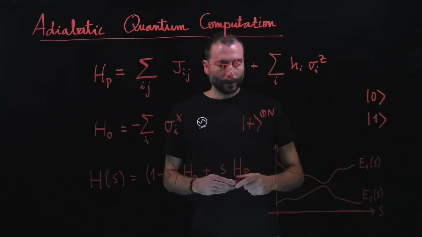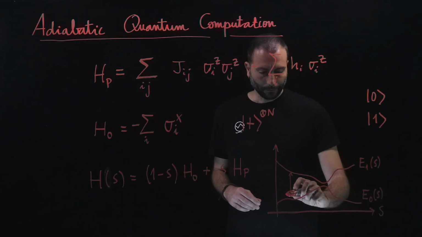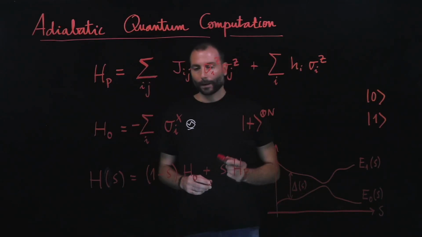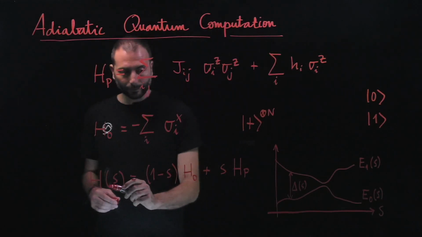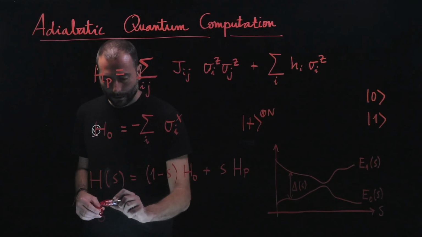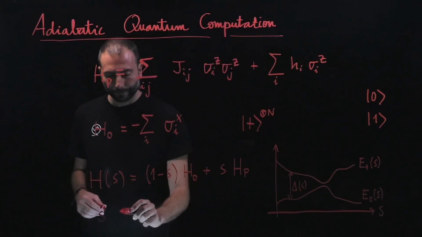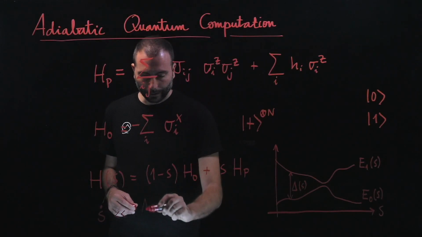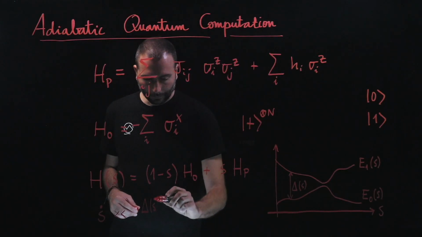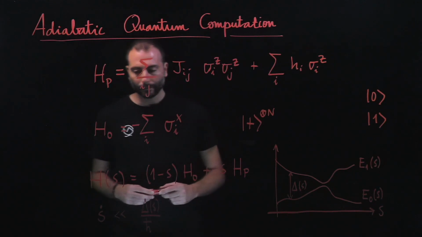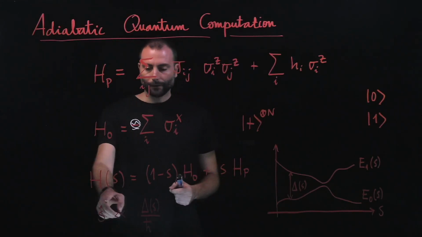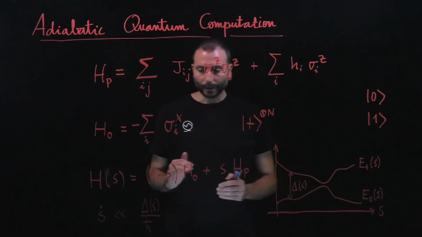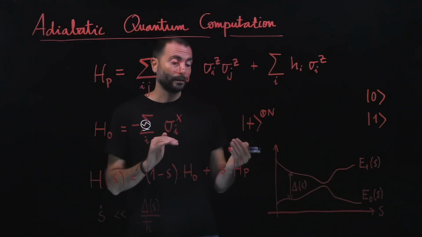There will be a crucial quantity, which is the gap of the system, basically the energy difference between the ground and the first excited state. And what the adiabatic theorem says is that if I change my interpolation parameter at a rate that is much smaller than the rate given by the gap, then the system remains in the eigenstate in which it starts.